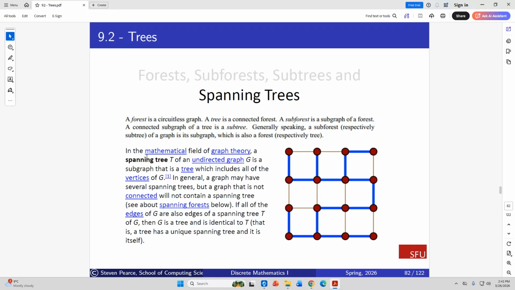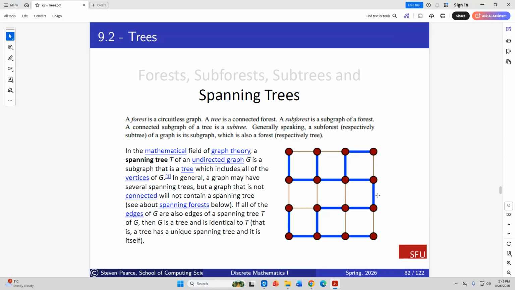So in the mathematical field of graph theory, a spanning tree T of an undirected graph G is a subgraph that is a tree, which includes all of the vertices. You can see there are different ways of connecting these vertices. Very different trees fit all of these vertices. See this blue one?